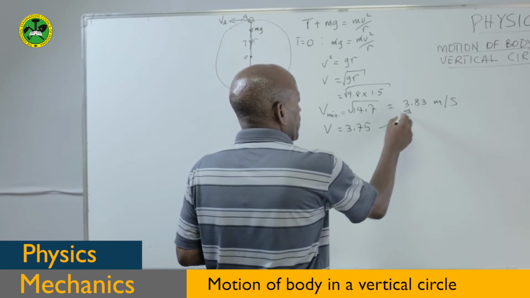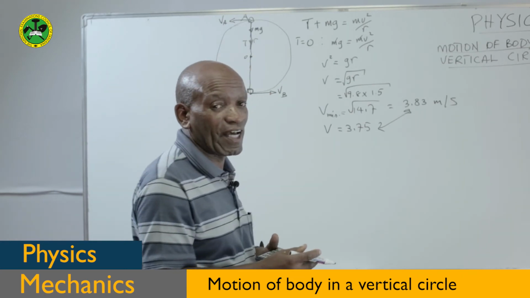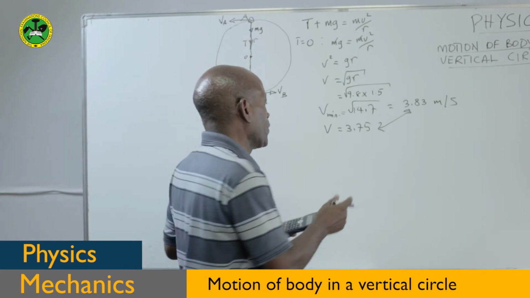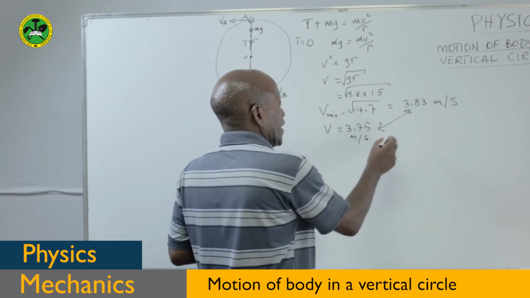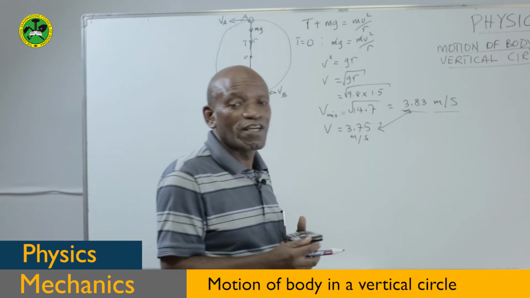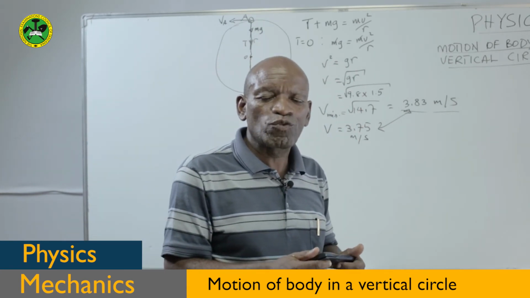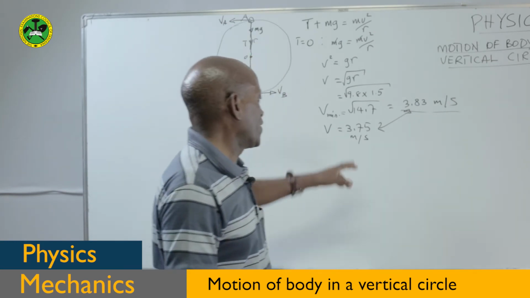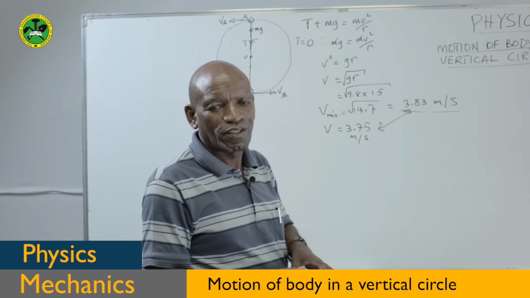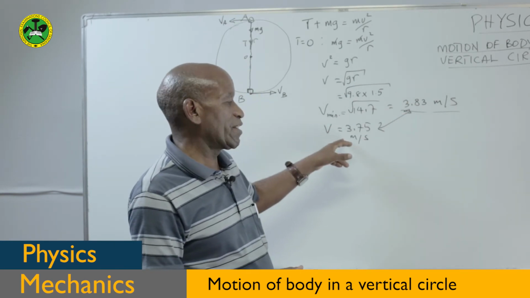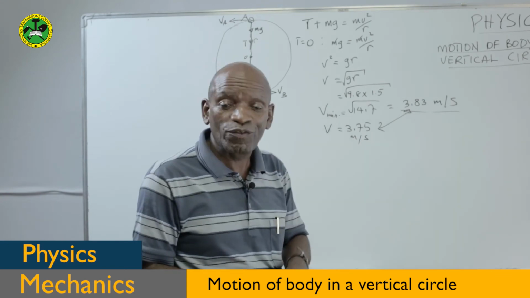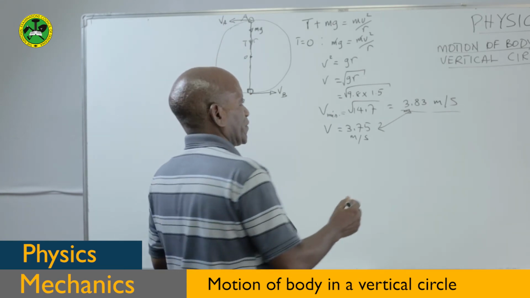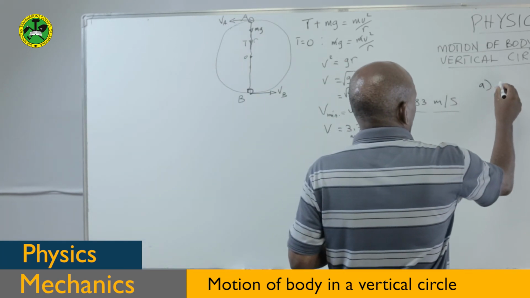Now you need to compare the velocity of the bucket at the top, which is 3.75 meters per second, and the actual minimum velocity for such a bucket to possess without making the string slack. This velocity is smaller than that one. So it is for sure that if the bucket is moving at the top with this velocity, the string will be slack. So for part A, the string will become slack.